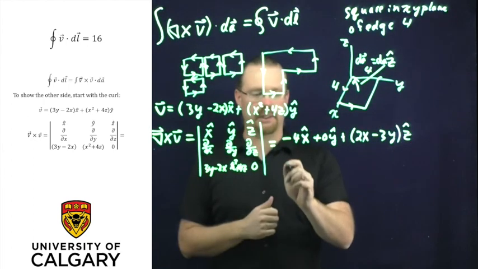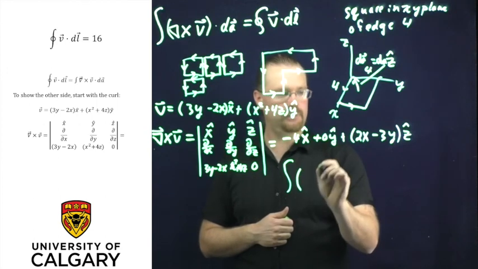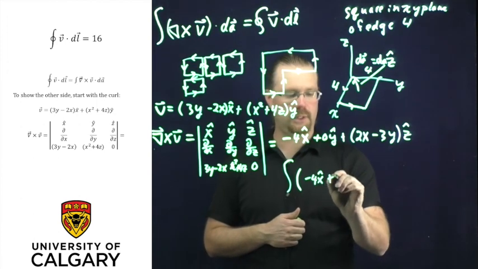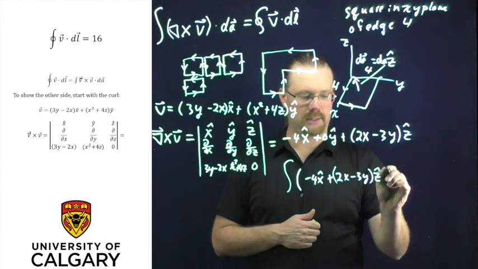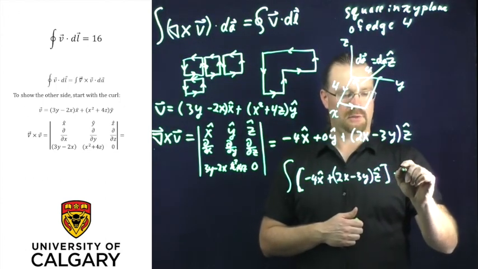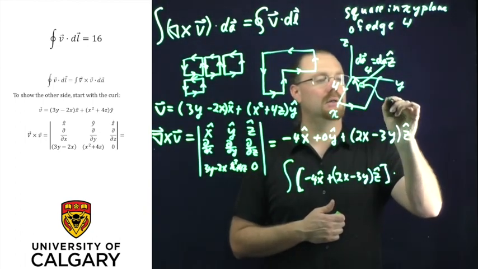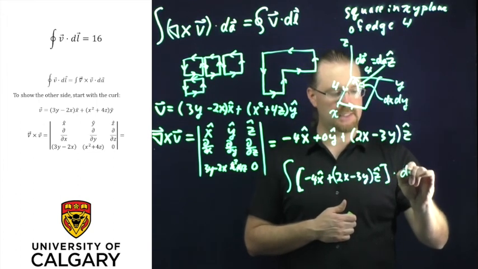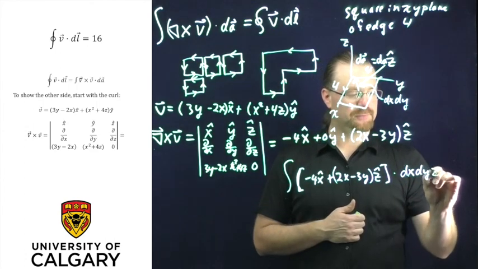So this expression right here is going to be the integral of minus 4x hat plus 2x minus 3y z hat dotted with dA, and our dA can be thought of as a little tiny square of length dx and of width dy, dx dy z hat.